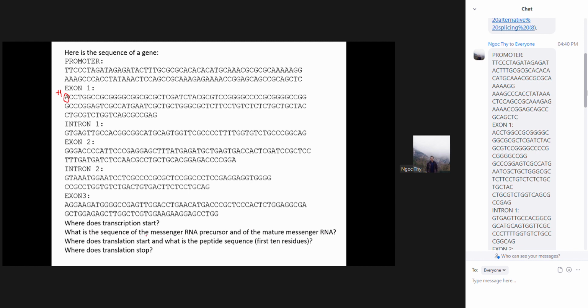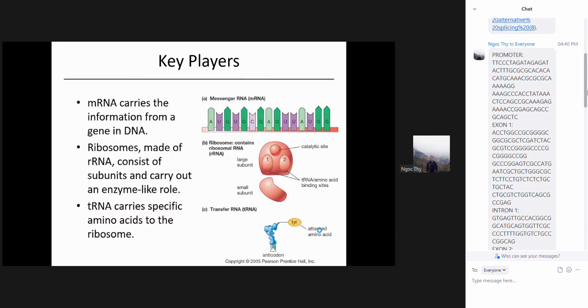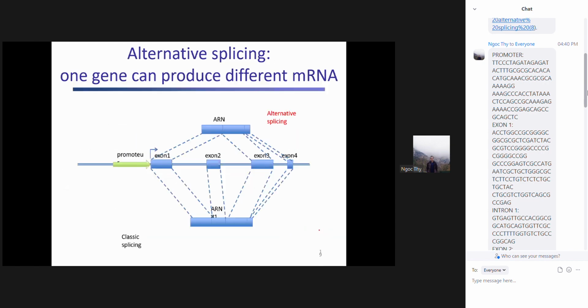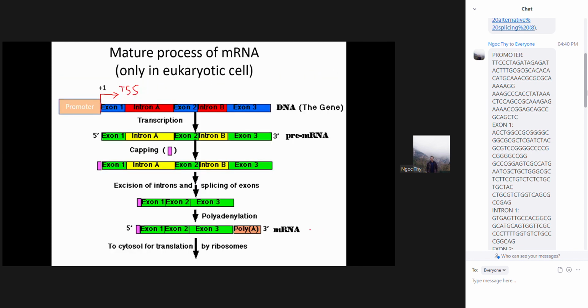Second question, what is the sequence of the messenger RNA precursor, the immature mRNA? What is the sequence of the mature messenger RNA? So we came back to the same slide. This is the premature mRNA, so it includes all the exons and all the introns. And the mature mRNA includes only the exons.